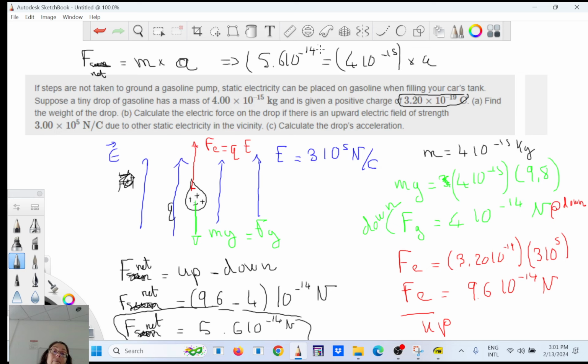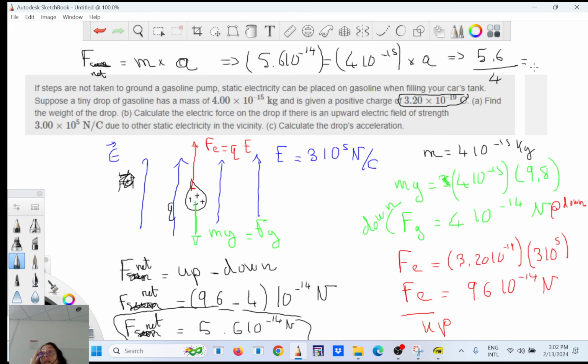Are you with me? So it's going to accelerate up. And if you do that, what do you get? 1.4 or 14? No, 14. Why is it 14? Are you sure it's 14? 5.6 divided by 4?